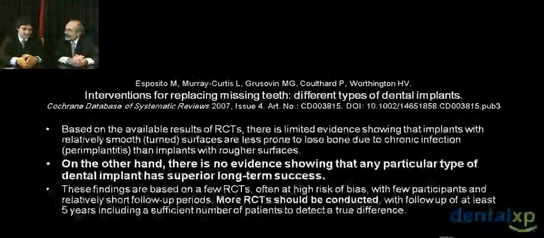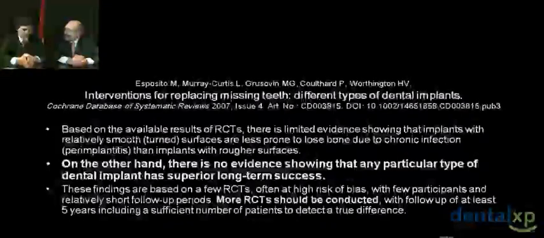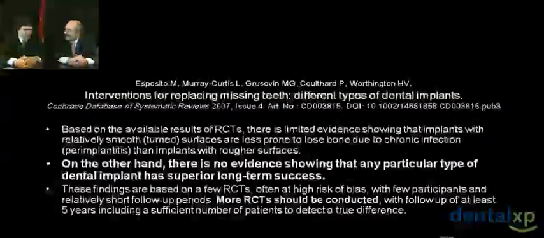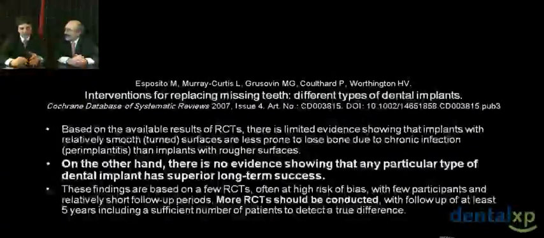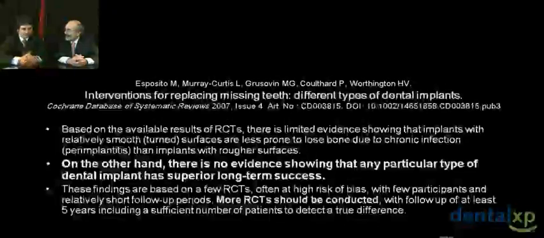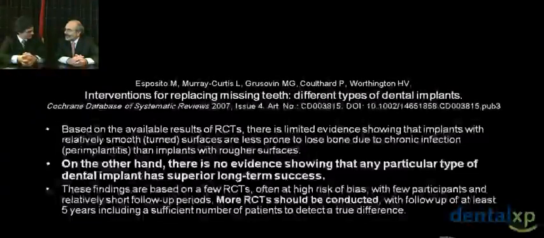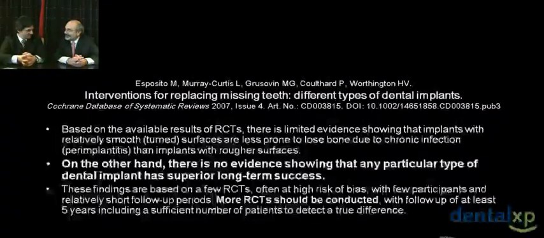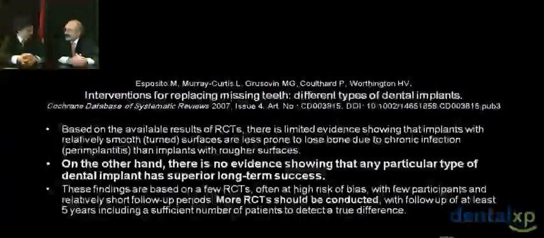Not enough studies showing that clinical results are better for one implant system compared to the other. This does not mean that there are not differences. We still do not have enough data, but possibly in the future we will have, not now.